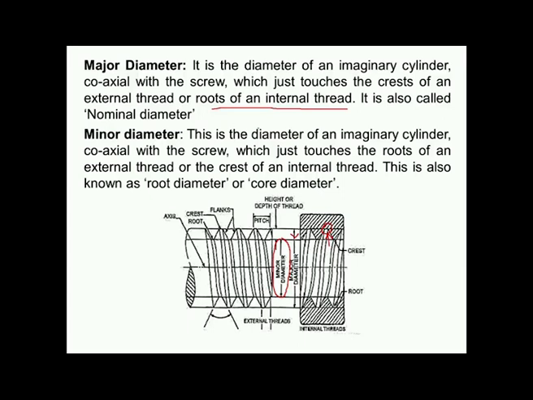So, minor diameter is the diameter of an imaginary cylinder coaxial with the screw which just touches the roots of an external thread or crest of an internal thread. This is also known as root diameter or core diameter.